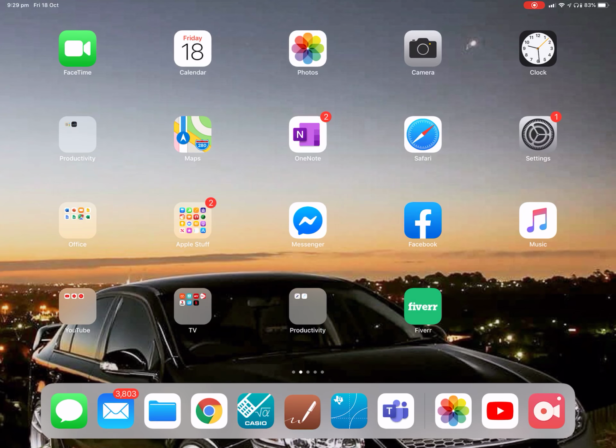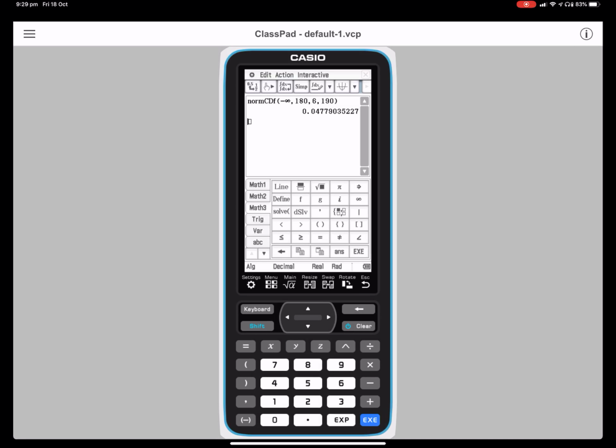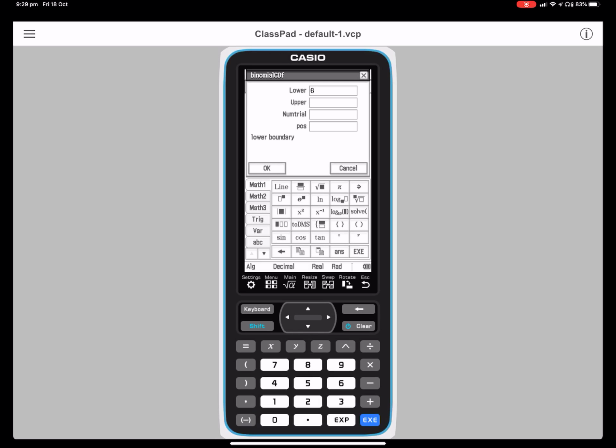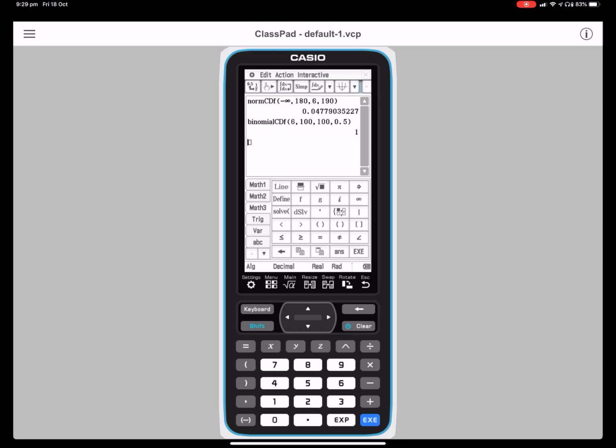Okay, so this time we've got distribution, discrete, binomial CDF, 6, 100, number of trials is 100. Well, let's say 0.5, but we've got to change that in a second to use this value. So that's 6.